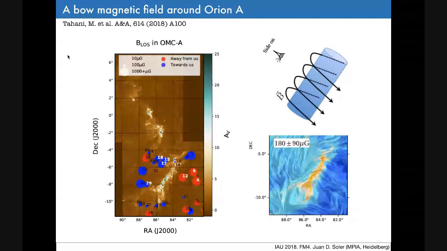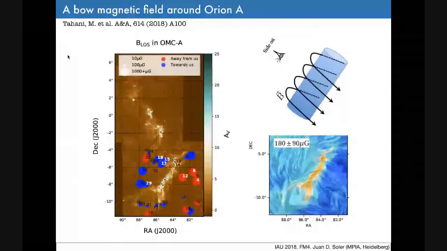And what Merouche saw is that there are strong evidences of the reversal of the magnetic field left and right of the main body of Orion A, but we don't have any evidence against or in favor of the magnetic field being wrapped around the cloud. For sure, we see the reversals, and this is a second piece of evidence.